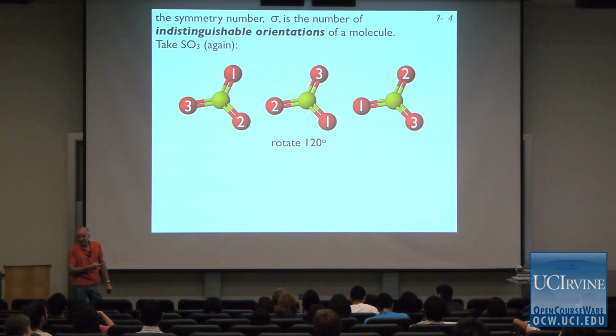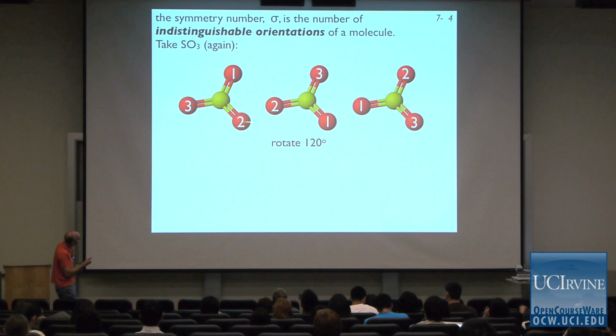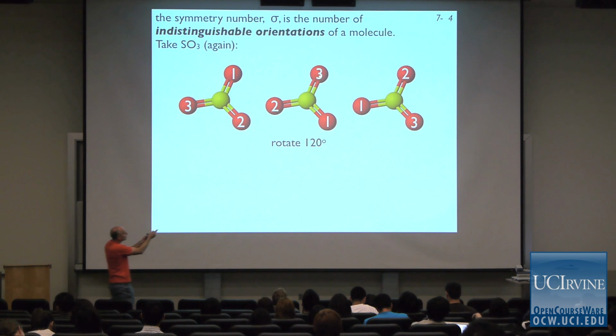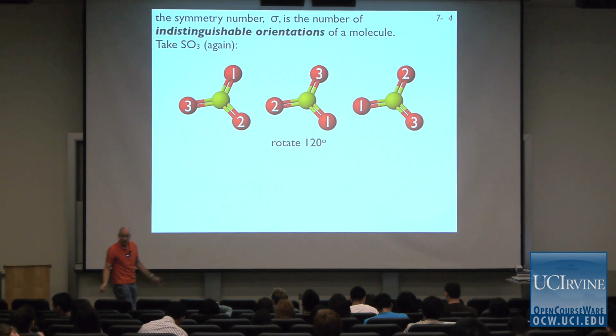I think everyone can see that if I take this guy right here and rotate him by 120 degrees, this guy goes down here, this guy goes over here, and this guy's going to end up over here. That's a 120 degree rotation. If I do it again, this 3 is going to rotate down here. So there's 3 orientations shown on the screen.